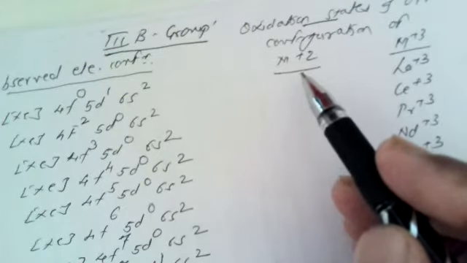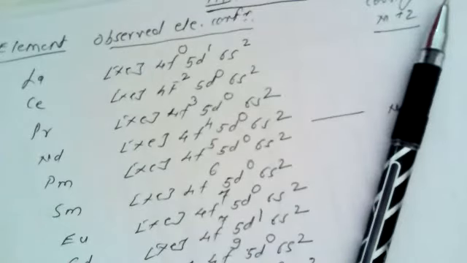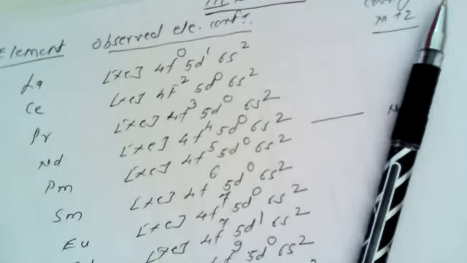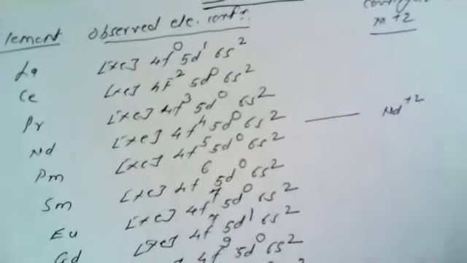So here atom number 60 is neodymium. We have to write Nd+2. So you have to write neodymium +2 as a lower oxidation state.